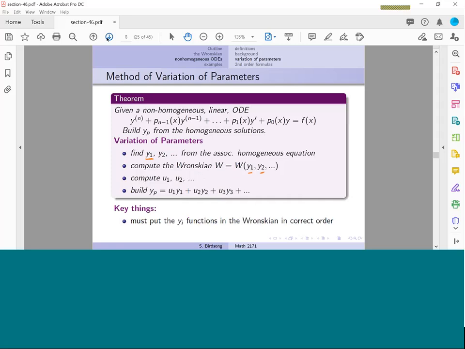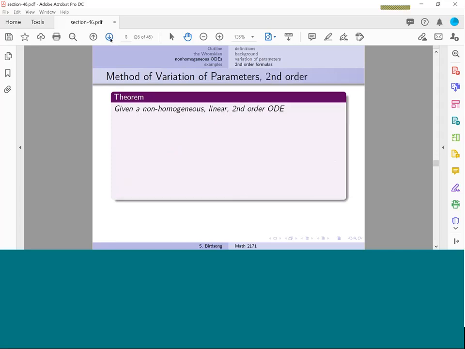That'll affect the formula for u1, u2, so watch out. It doesn't matter who, but whoever you've labeled as y1, y2, in that order you put them in your Wronskian. Okay. So that's the first key thing. And the second key thing is what we've already said, which is we're only going to do this method for second order differential equations. But I'll plan on posting something so you can see what would happen in higher orders too. Okay. Now, here are the actual formulas.